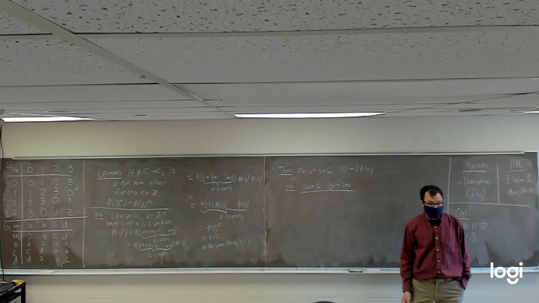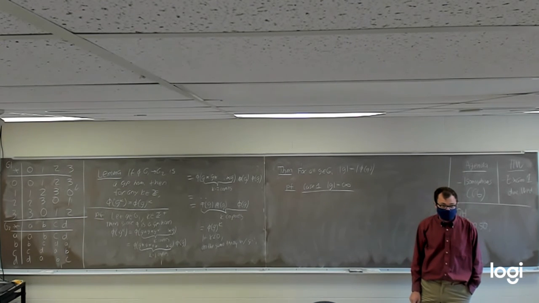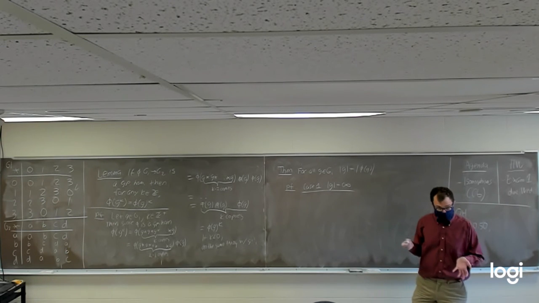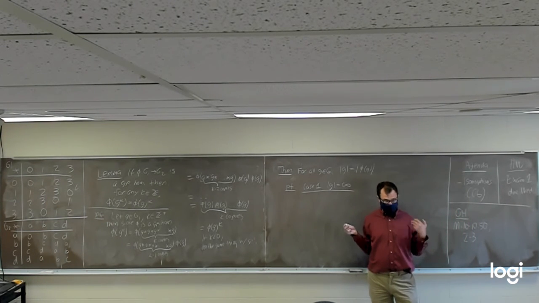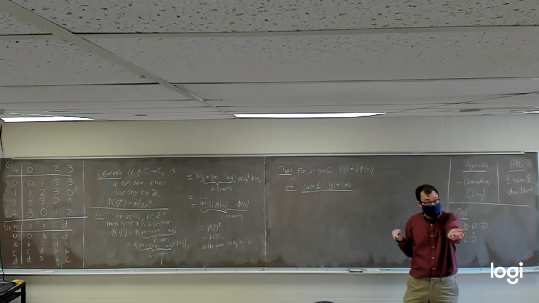Peter? It means if you keep doing the group operation over and over again with the same element, you'll be able to generate an infinite number of different elements in that group. Yeah, it means you'll keep getting different things every time, and in particular, it will never get you back to the identity element.